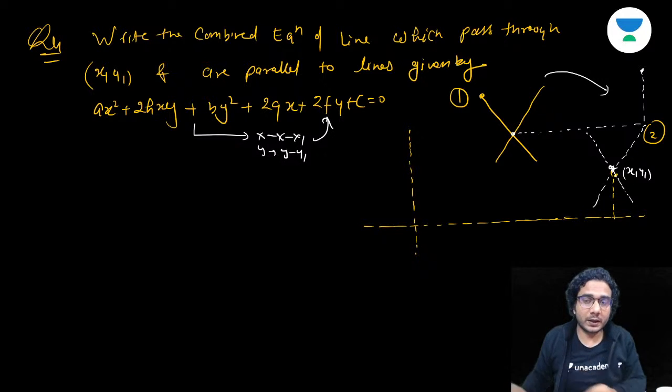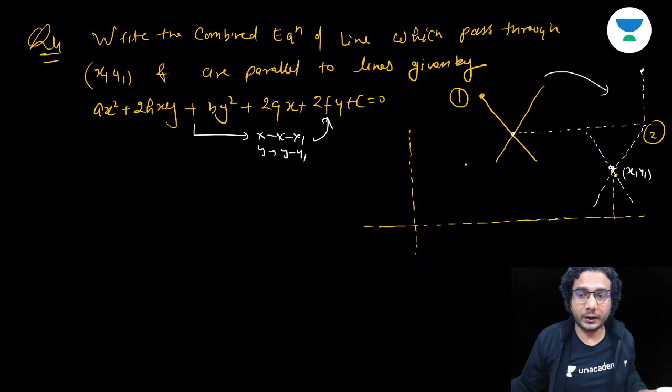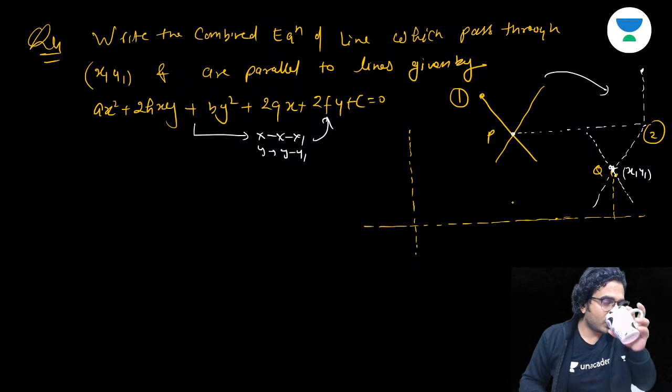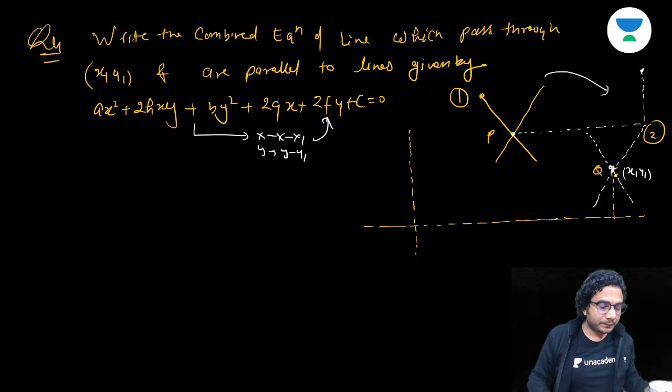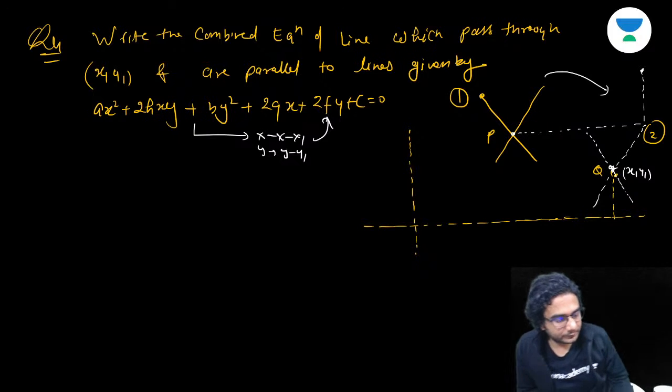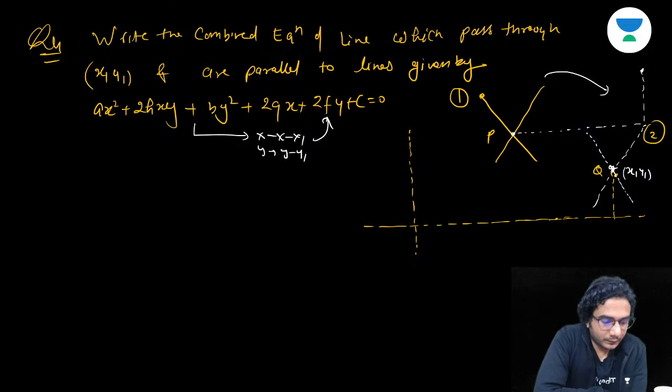It won't reach that point x1, y1. This point of intersection P will not reach this point. Are you understanding this first of all? I want you to analyze this first.